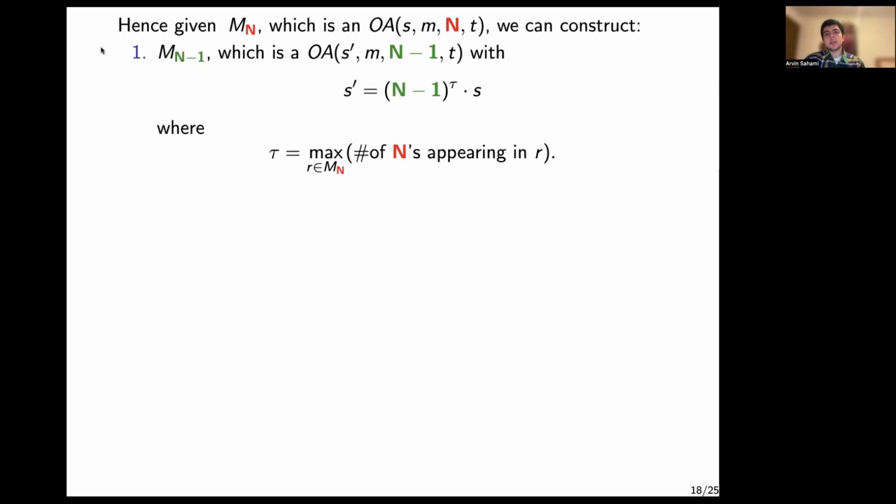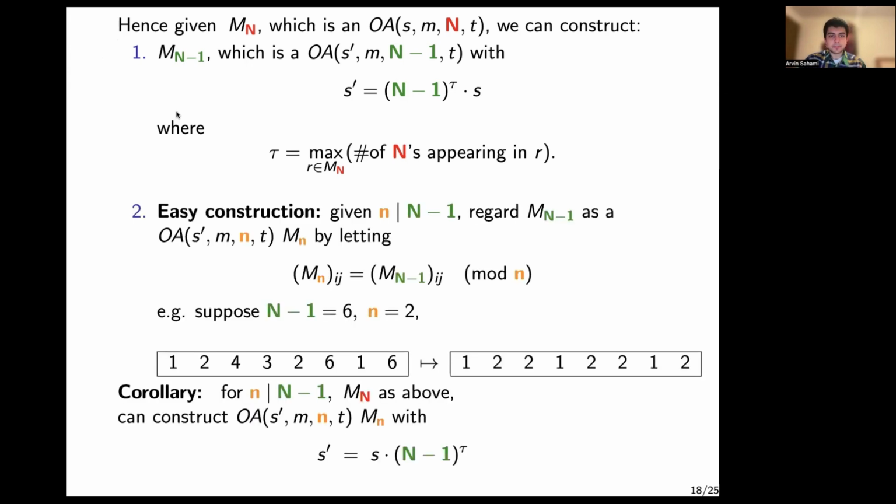If you start with some orthogonal array which has m columns and its levels are in 1 through big N, then you can construct this new orthogonal array which has the same strength t, and the number of rows is going to blow up by this factor of (N minus 1) to the tau, while reducing the number of levels by 1. Okay, so that's one step.